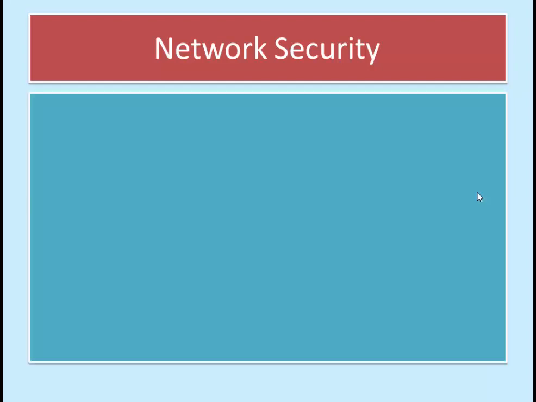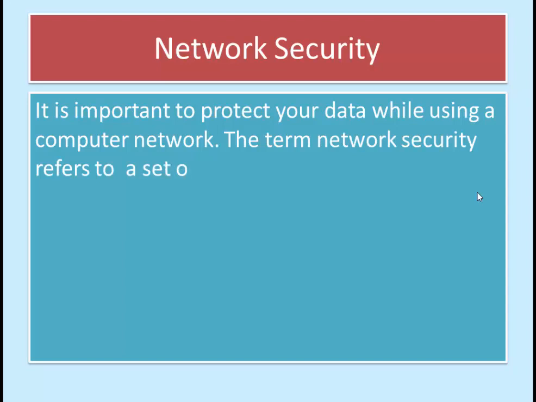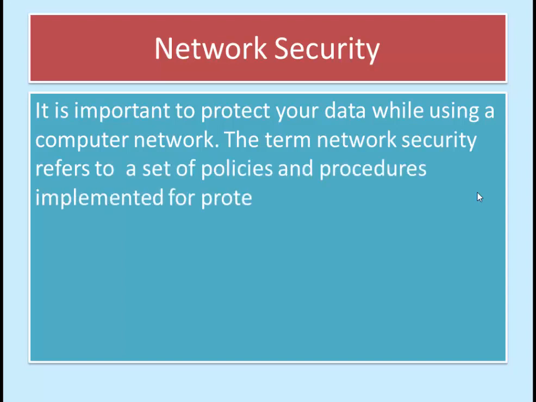So what is network security? It is important to protect your data while using a computer network. The term network security refers to a set of policies and procedures implemented for protecting a network from online threats.